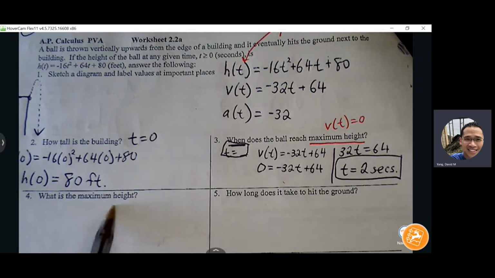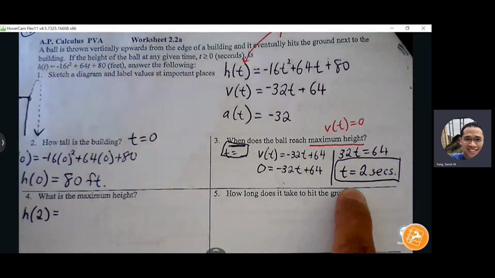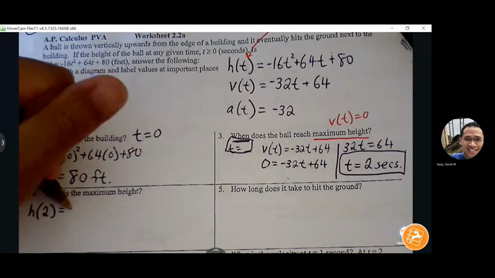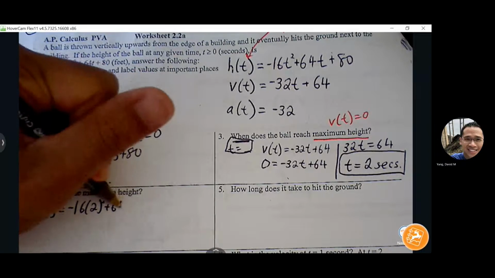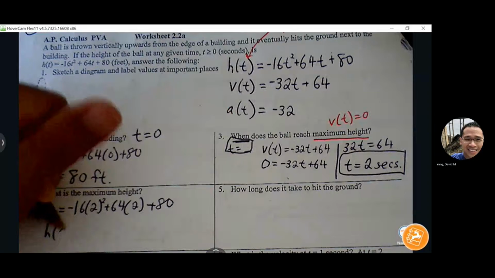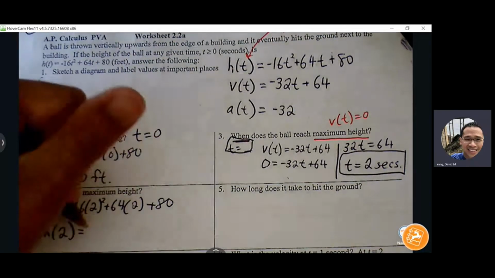We're looking for a position, a height of this ball. And conveniently enough, we have the t value that we need. So 2 gets inserted. Okay, I'll do the calculation for us here. So 2 seconds in, the ball is going to be 144 feet off the ground.